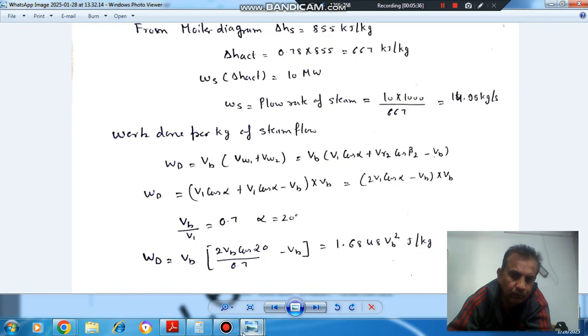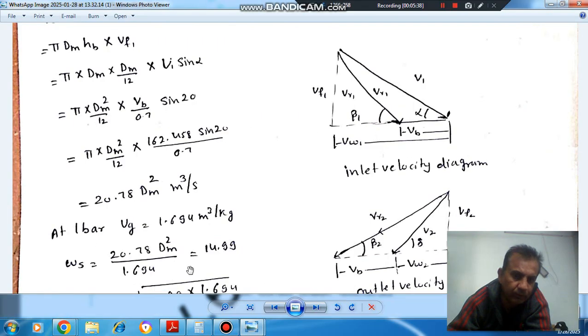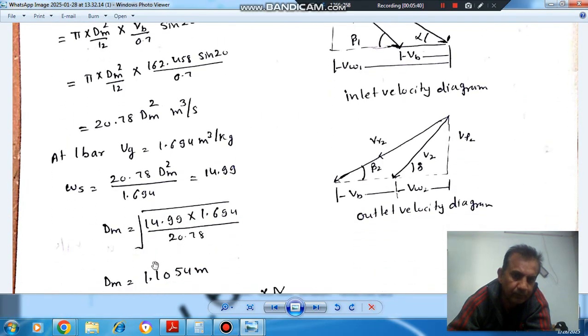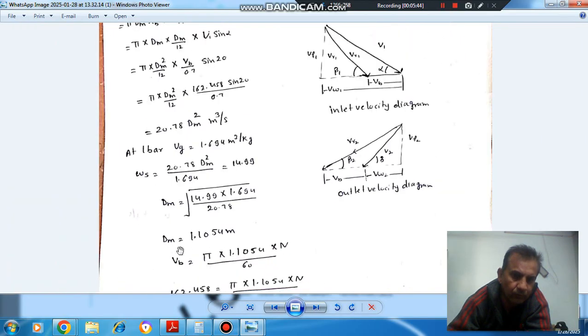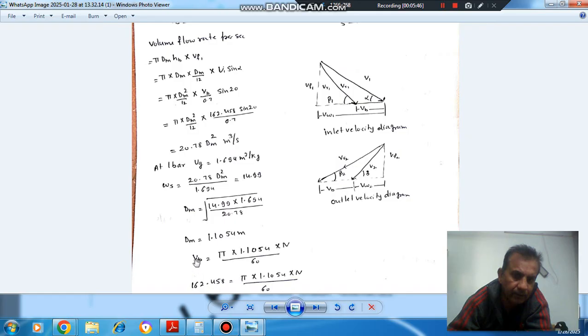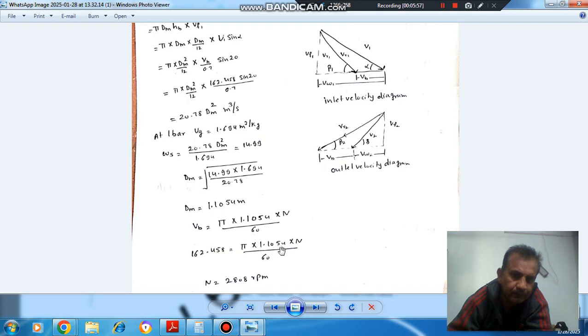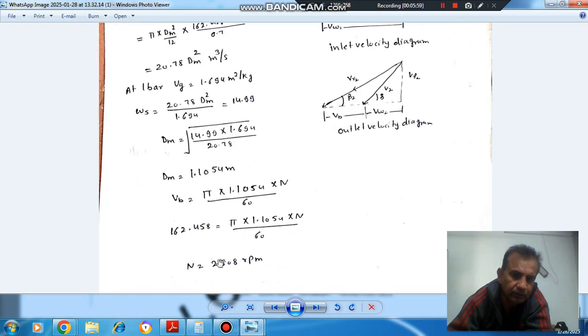Equating these two, we can calculate Dm, the mean diameter. That comes as 1.1054 meter. After calculating this Dm, we can calculate rpm also by putting VB equal to pi Dm N by 60. From this, N comes out as 2808 rpm.